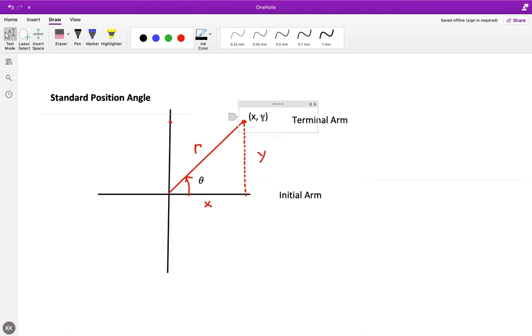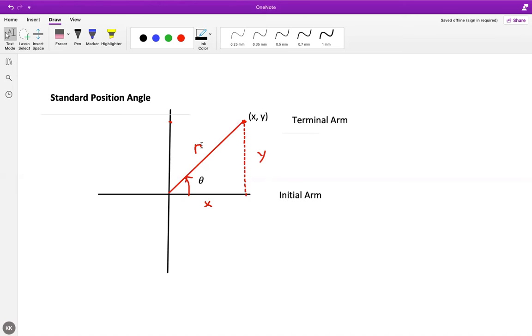The y coordinate at this position tells me the vertical direction of this right triangle. From the x-axis to this endpoint, we call it y units. So we have x units, y units, and also the radius, which we call r.